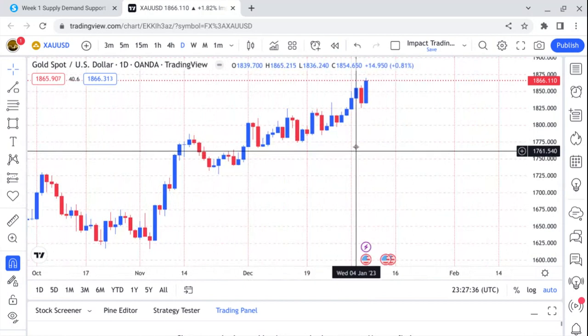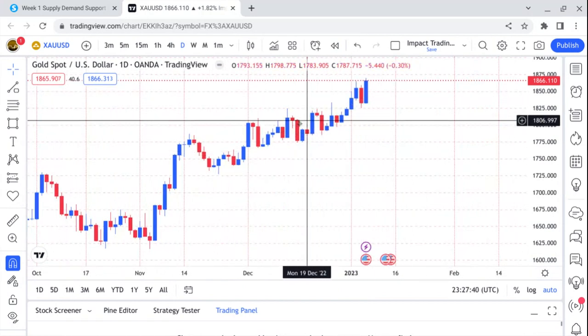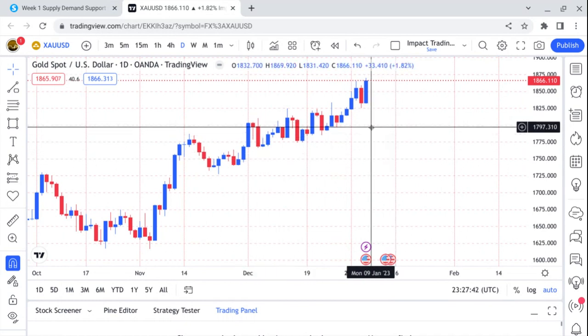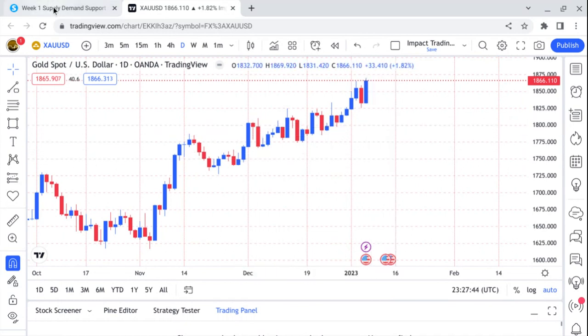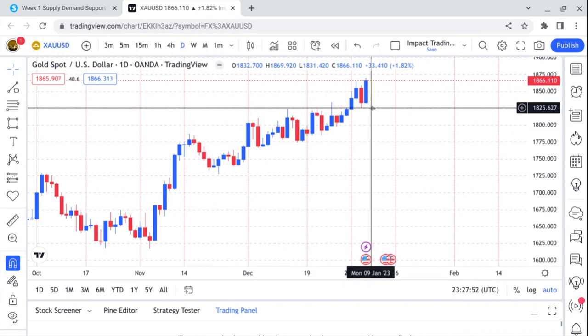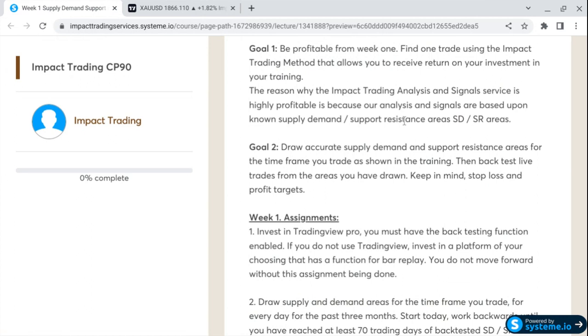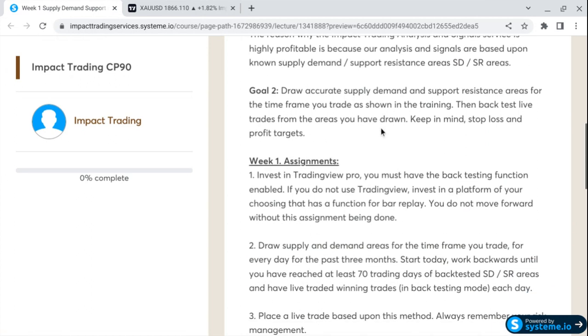We want you to backtest every daily bar for at least 70 bars. 3 months of backtesting. Be profitable from week one. Find one trade using this method, and you will have been given back your investment for this training.